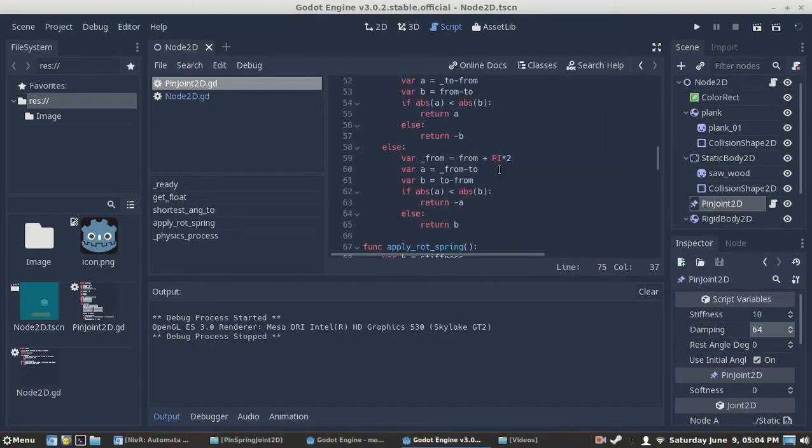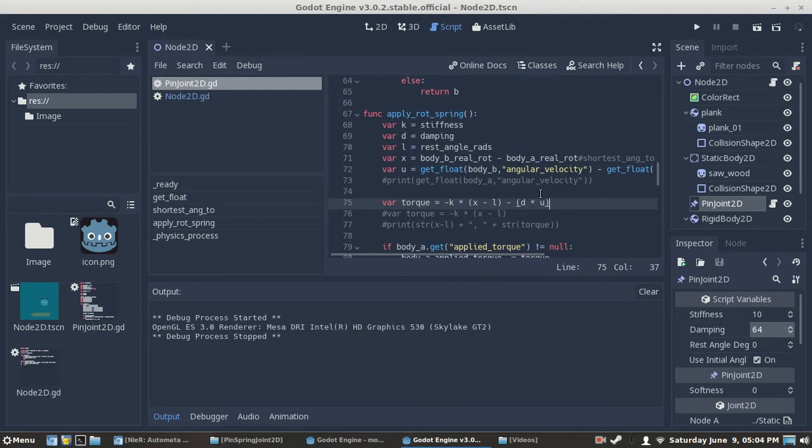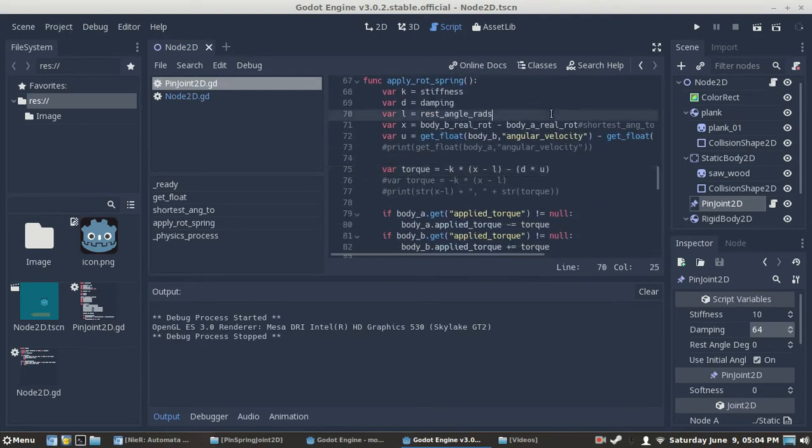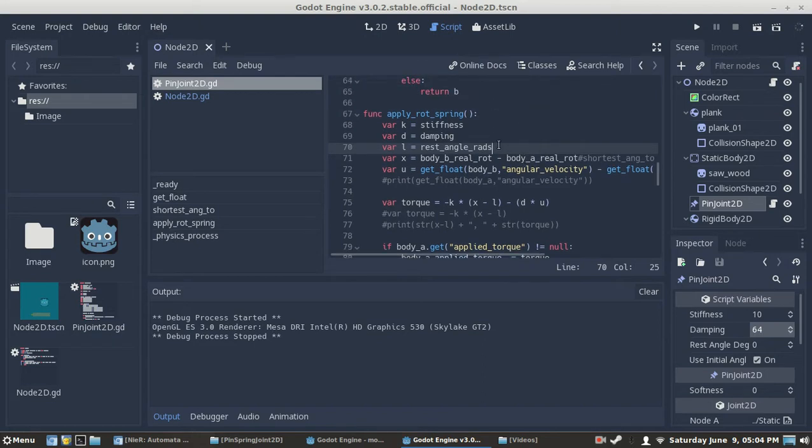When I first implemented those, it was going crazy. The first thing I noticed was Godot normalizes all rotations, whereas this relies on rotations not being normalized. Normalizing means it makes all rotations between pi and negative pi, so it has no concept of multiple twists.